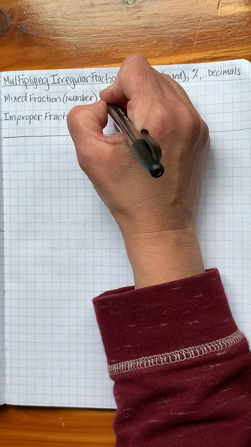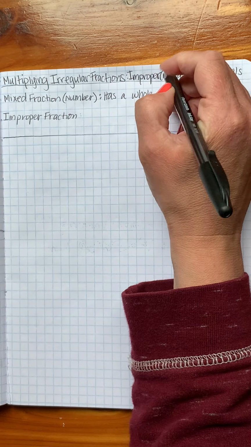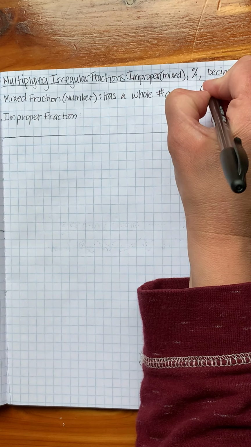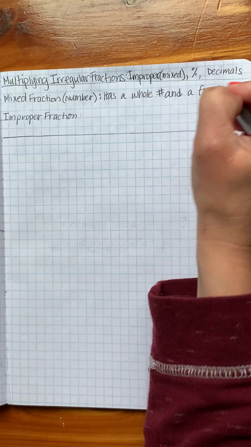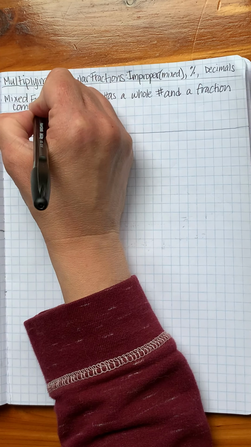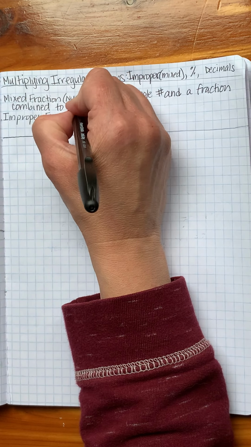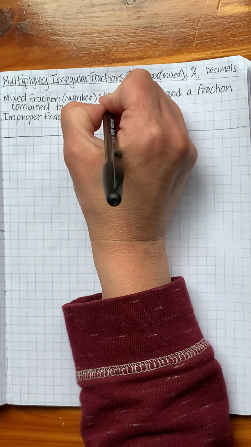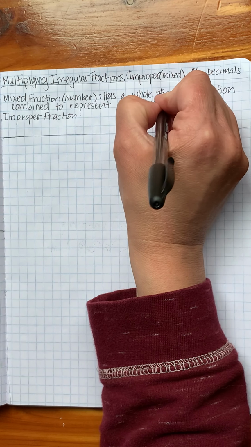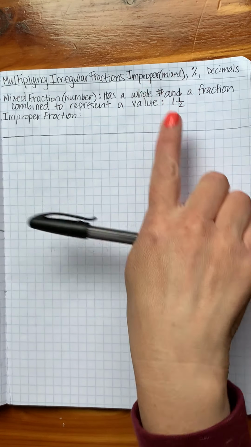So a mixed fraction has a whole number and a fraction combined to represent a value. So for example, 1 and 1/2 would be a mixed fraction or a mixed number.